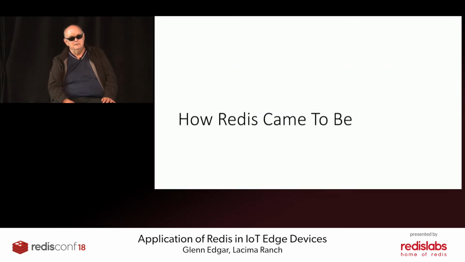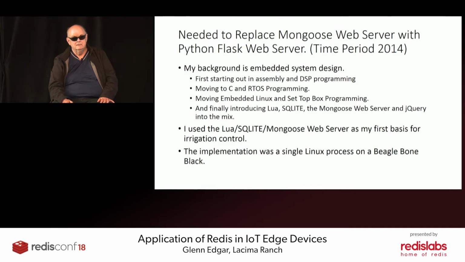Now, the next purpose is to tell you how Redis came to be. Basically, I'm an embedded programmer, never associated with databases. I came up working on embedded Linux set-top boxes that had maybe a 100 MIPS processor and very little flash, so you tended to put everything together.